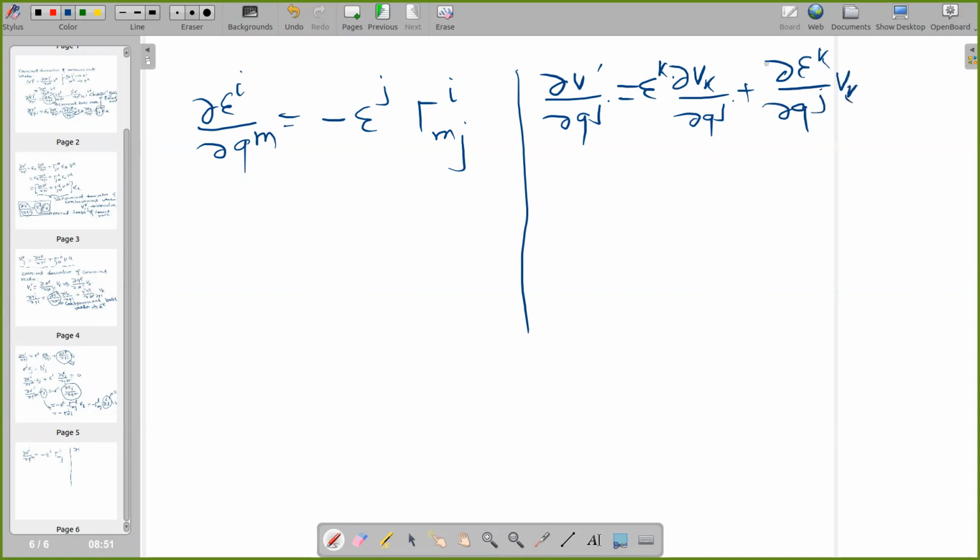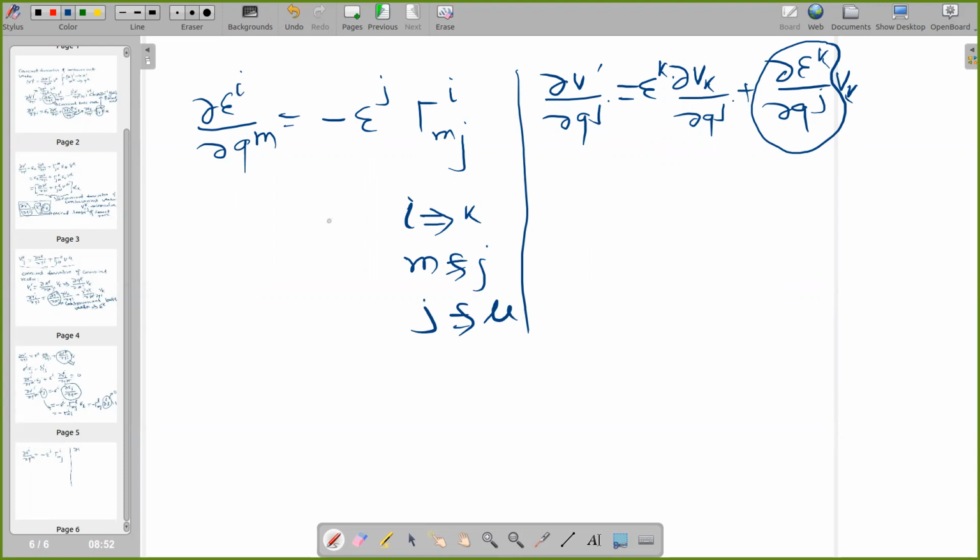Okay. Here we see the relation. Here is del epsilon k by del qj. We would like to make this relation the same. So for this, we can just replace the indices i to k, m to j, and j to mu. When we replace the indices in this way, we'll have the same relation, so that we can substitute the value of this in the vector equation.